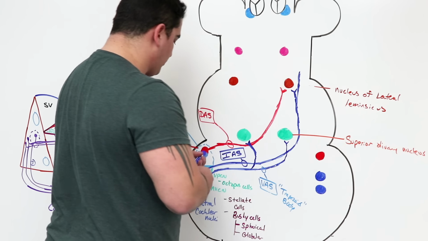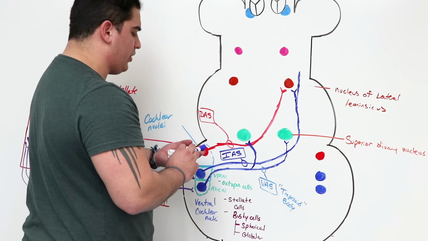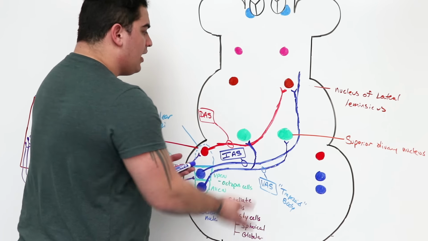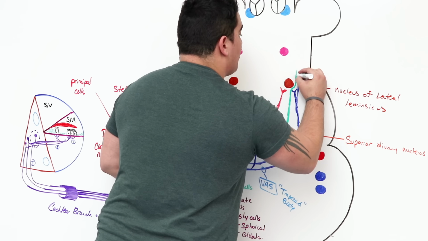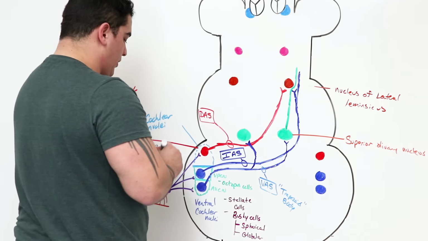From the superior olivary nucleus, these fibers can go up. Now you're going to have these fibers coming up here and moving with the dorsal acoustic striae and the intermediate acoustic striae. Some of these fibers might continue with the ventral acoustic striae and the dorsal acoustic striae. What else are you going to have?